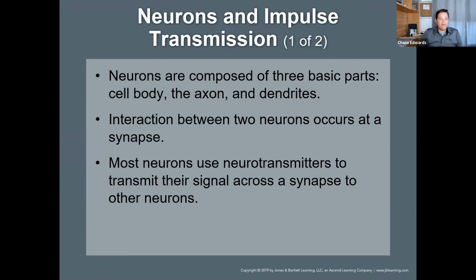All right, neurons and impulse transmission. A neuron is a nerve cell. It's the fundamental element of the nervous system. Neurons are composed of three basic parts: the cell body, the axon, and the dendrites. The cell body contains the nucleus.